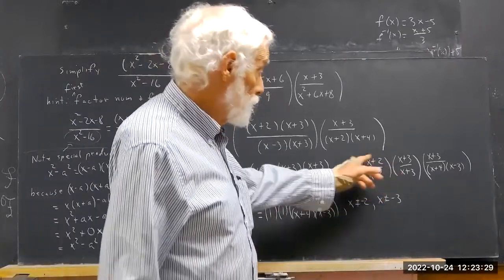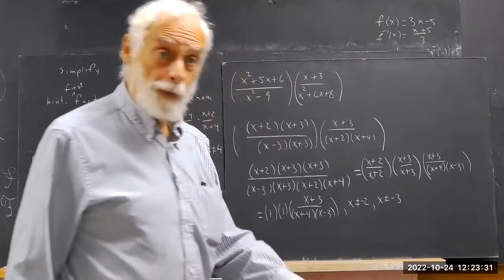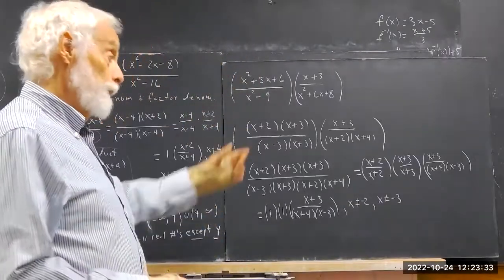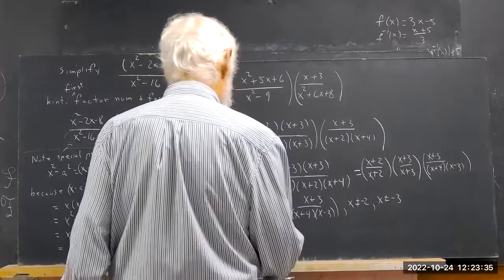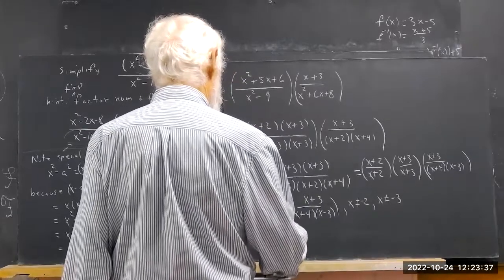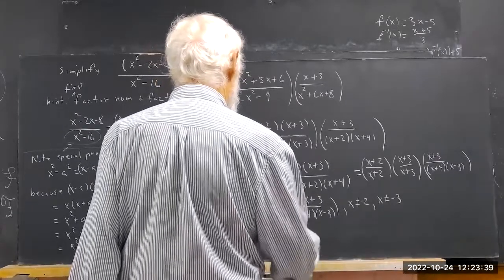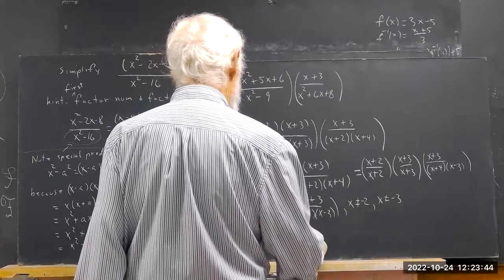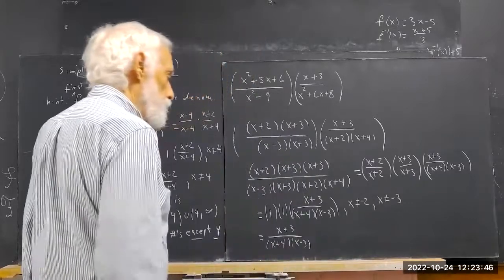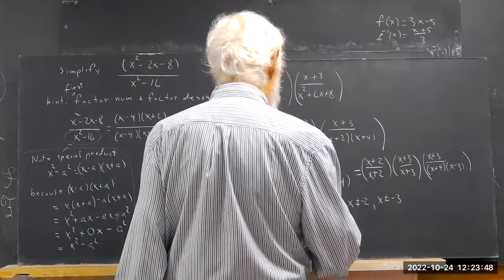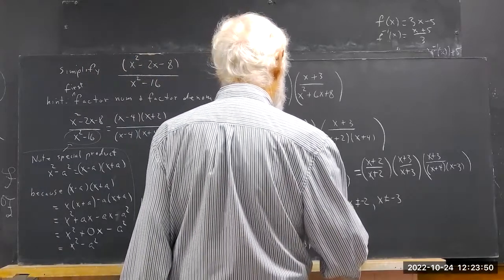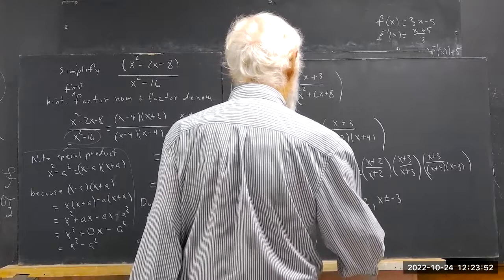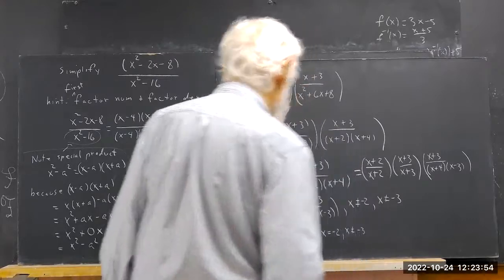Can't divide by 0, no matter what the numerator is. You can't divide by 0, even if the numerator is 0. So you get this. Again, x not equal to -2. x not equal to -3.